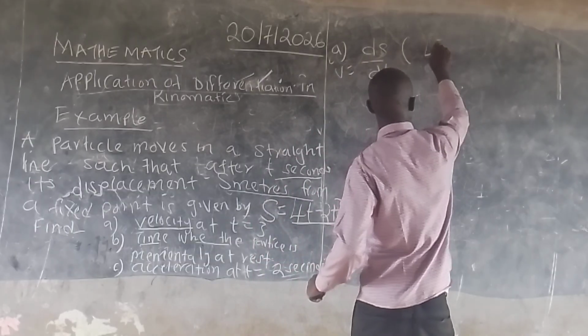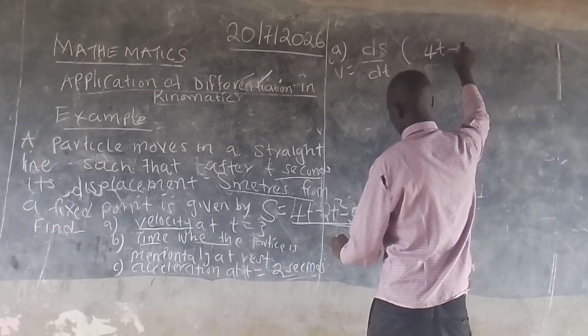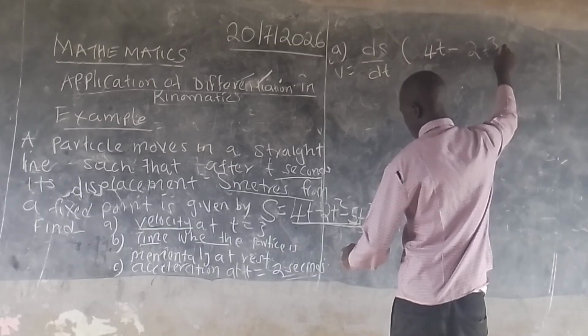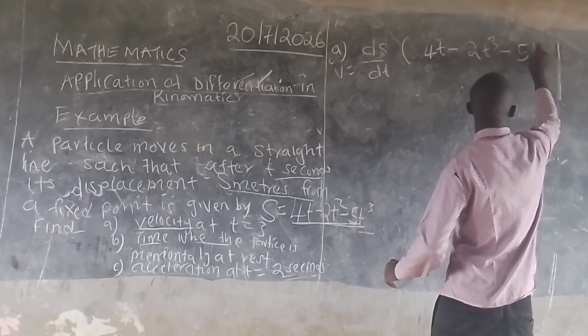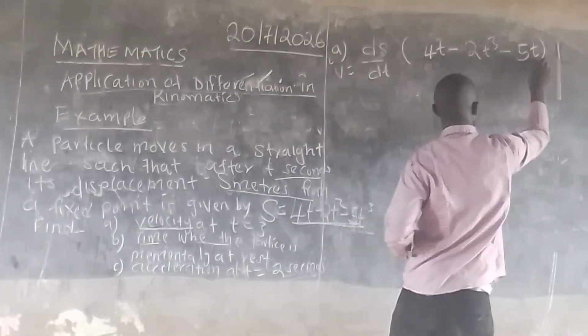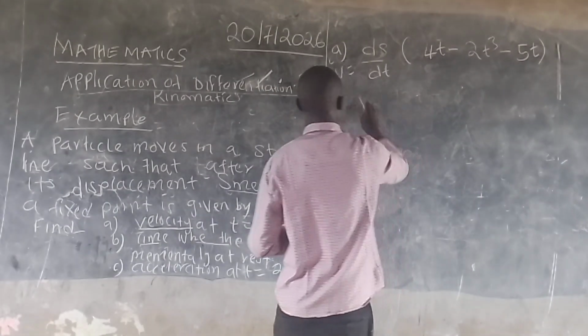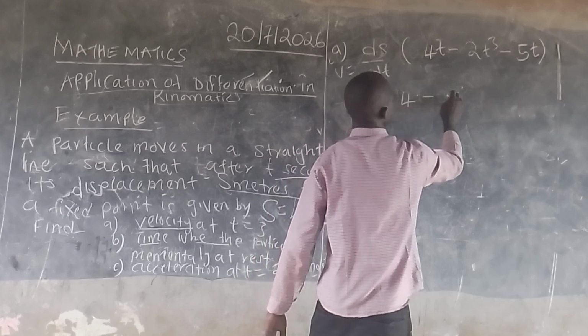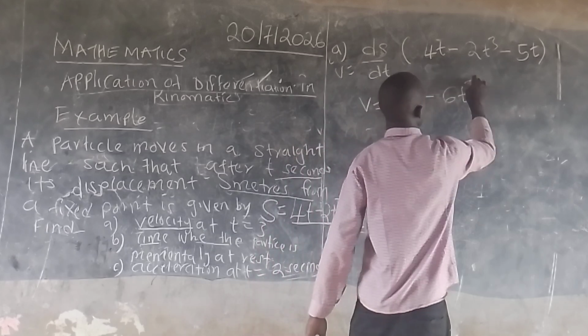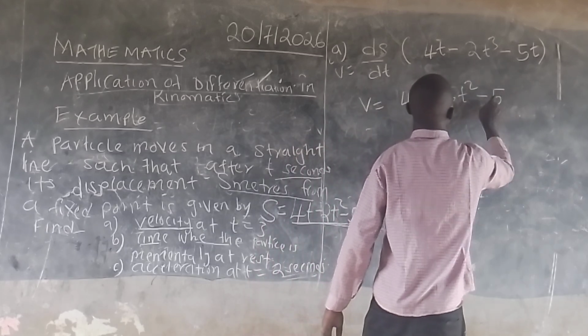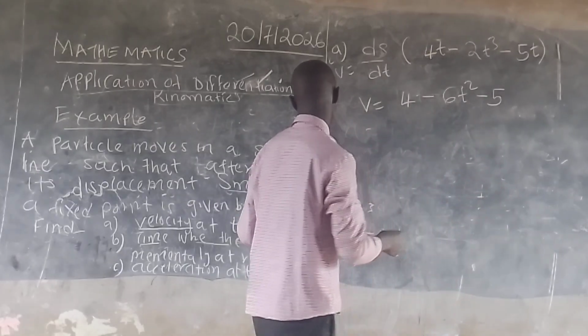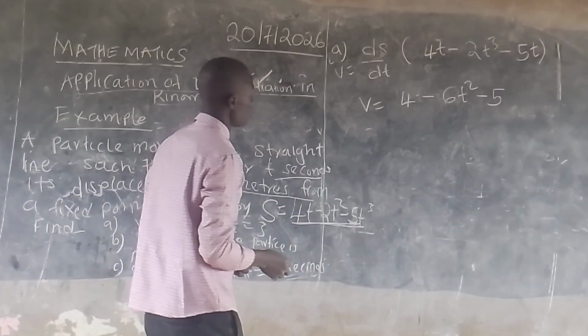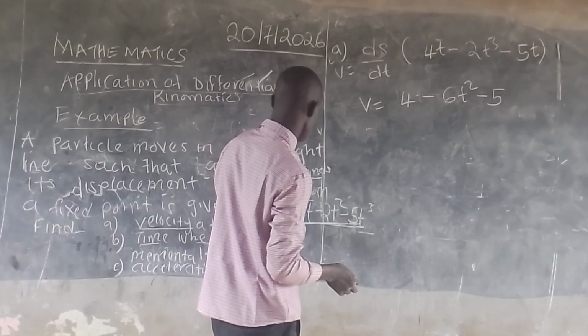We have s equal to 4t minus 2t squared minus 5t cubed.